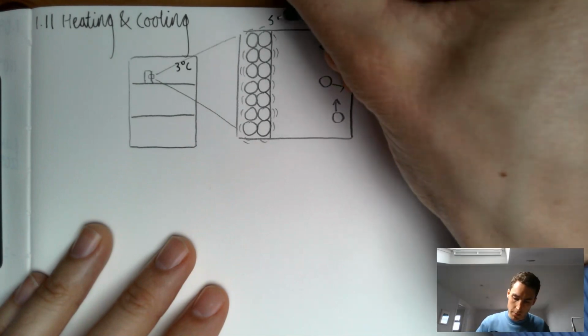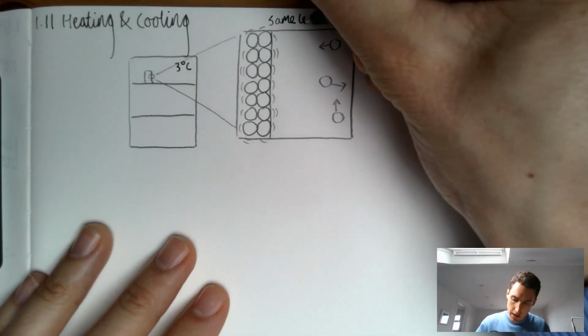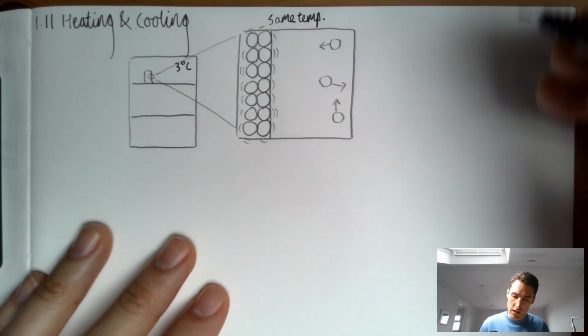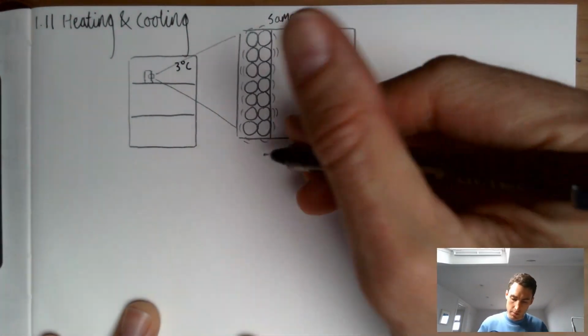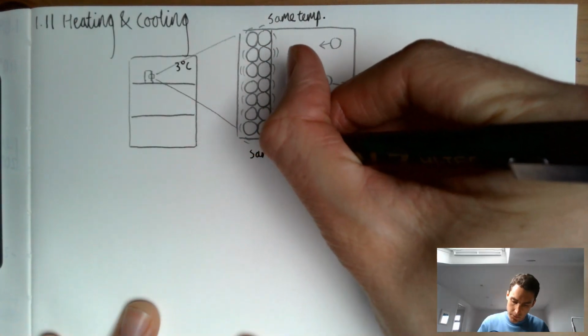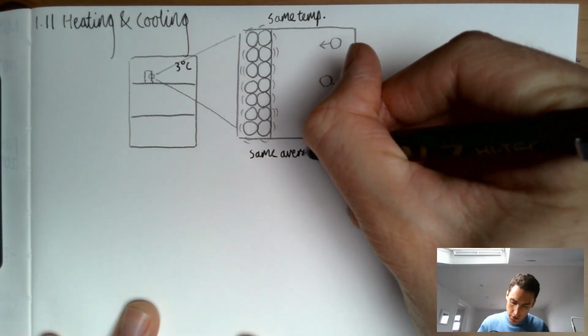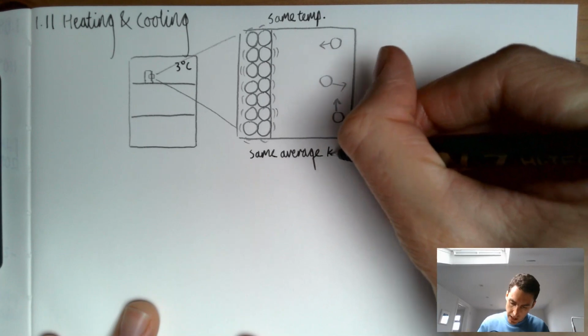So let's put same temperature. And we'll explain the reason for this. But at the moment, I just want to make it clear to them that means they have the same average kinetic energy, or KE, like that.